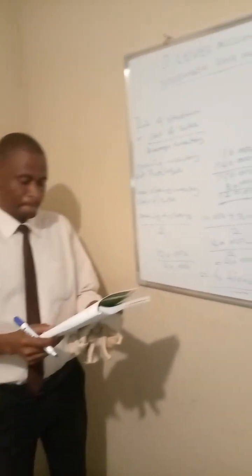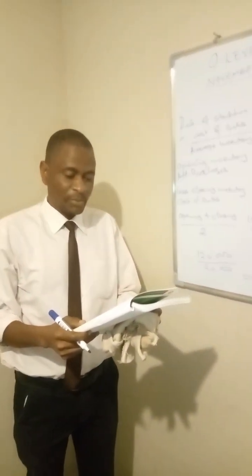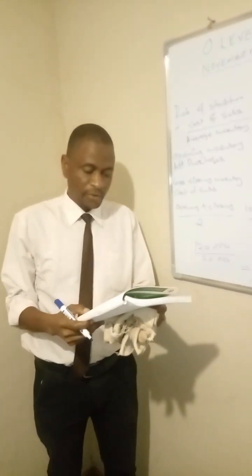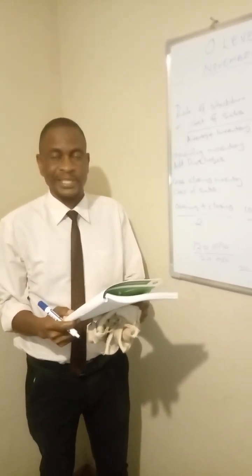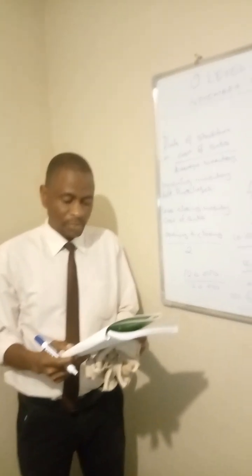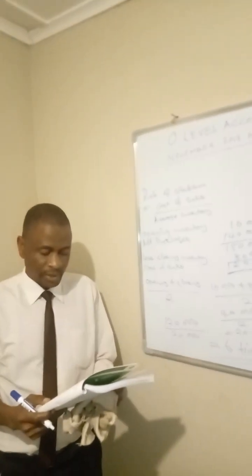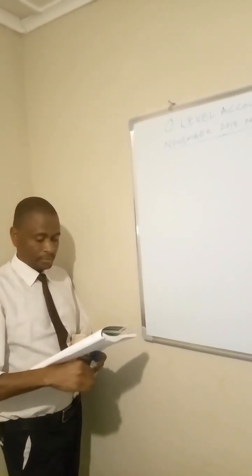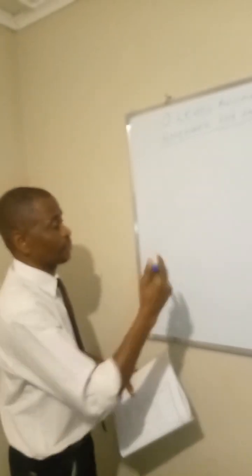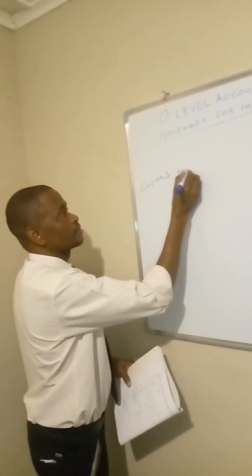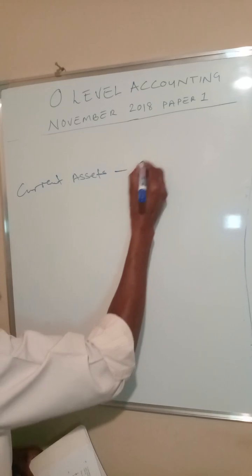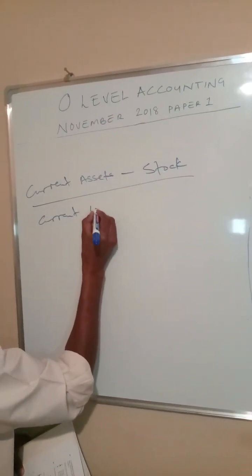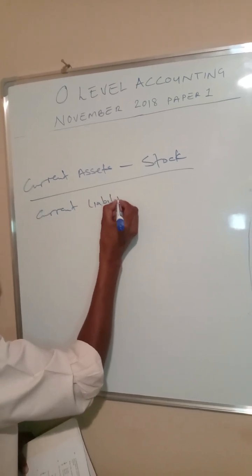Number 27. The following information is provided by a trader. Total current assets 60,000. Inventory stock 10,000. Total current liabilities 20,000. The acid test ratio is given by the formula: current assets minus stock over current liabilities.